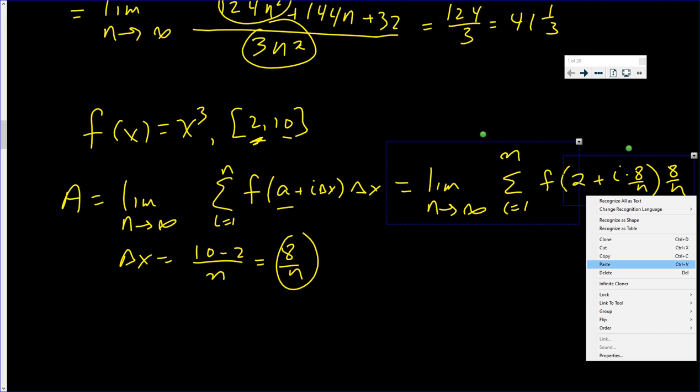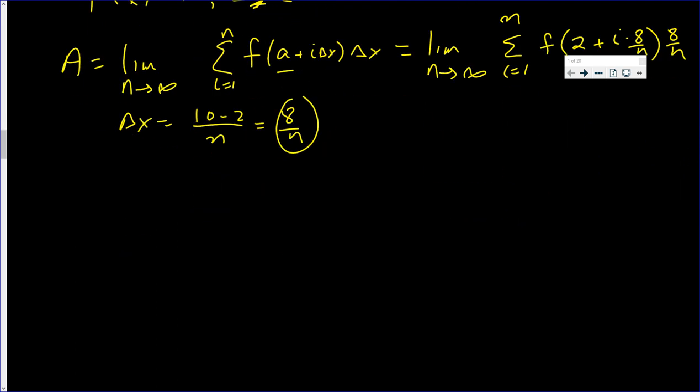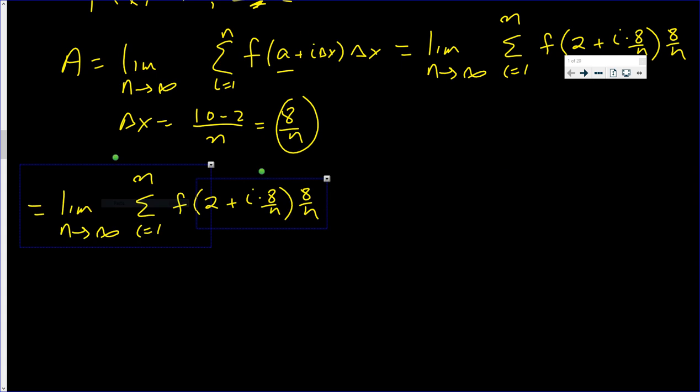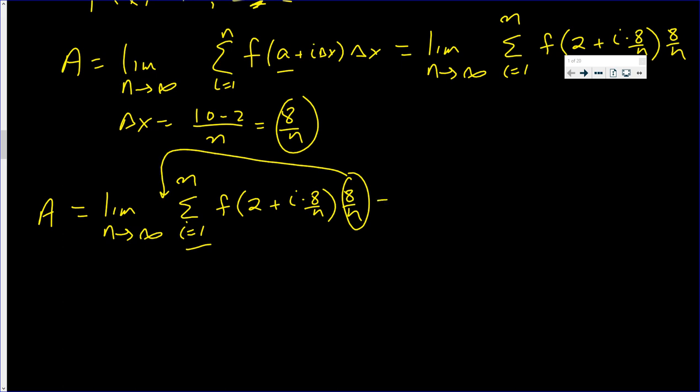I'll copy it, and we will paste it right here. And that's what A equals, the area in question. Now, this piece here has nothing to do with i. It's a constant, so I can write it there.